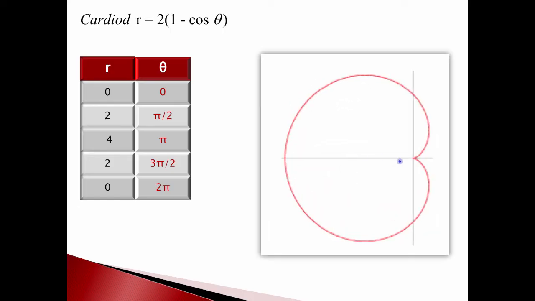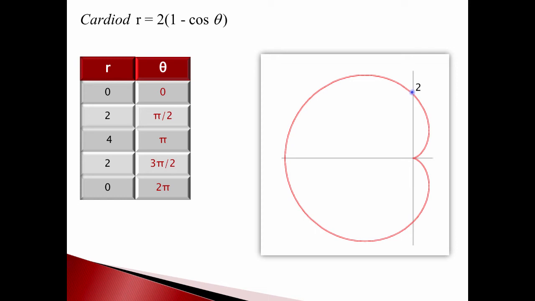Okay? And why is that? Well, let's imagine tracing this out. When theta is equal to 0, so pointing in the right direction here, then r is equal to 0. So I'm actually at the origin. Now, as I increase my theta, the r increases from 0 to 2, sorry, as theta goes from 0 to pi over 2.